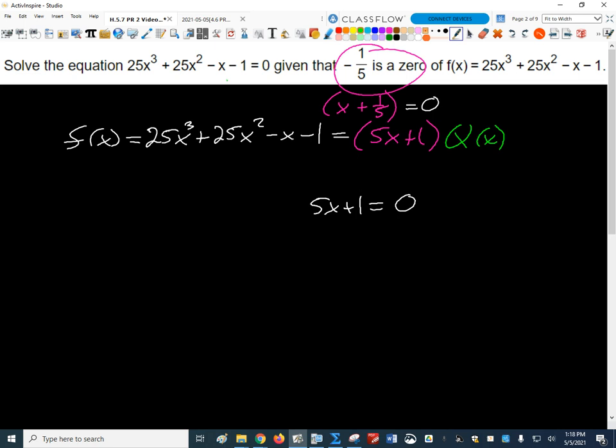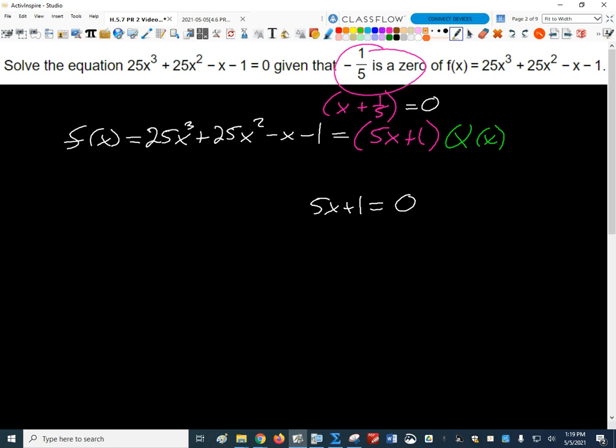But in this lesson, I'm going to give you some unfactorable cubic or higher polynomials, but I'm going to give you a hint in the form of one of the zeros. And then you're going to use that to find the rest of the zeros. The next lesson, we're going to go a step further.